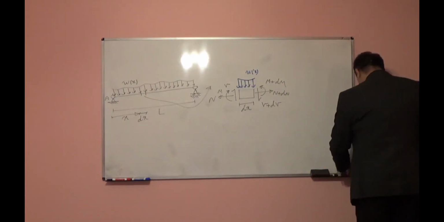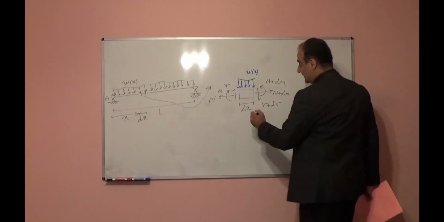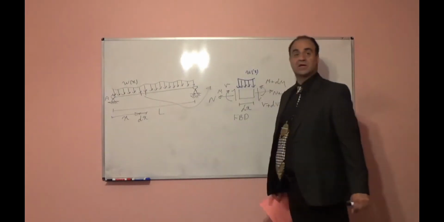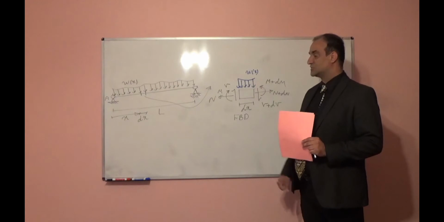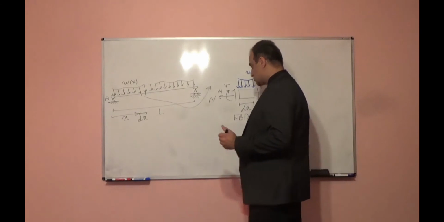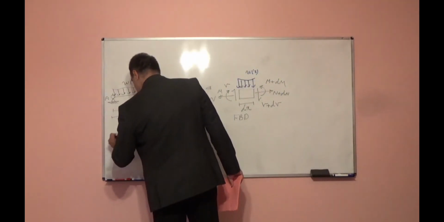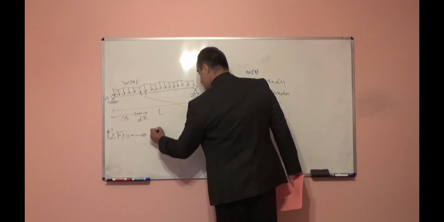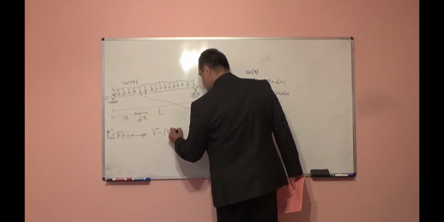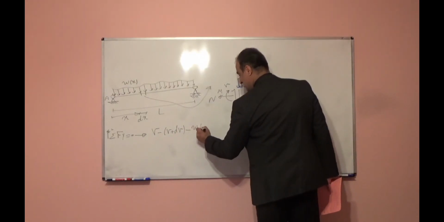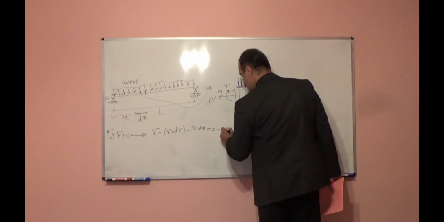Let's look at the equilibrium of this segment. This is the free body diagram of the small differential length dx with all internal forces and external load. This piece should be in equilibrium. So if I write the summation of forces in the vertical direction equal to 0, I can write v minus (v plus dv) minus w times dx is equal to 0.